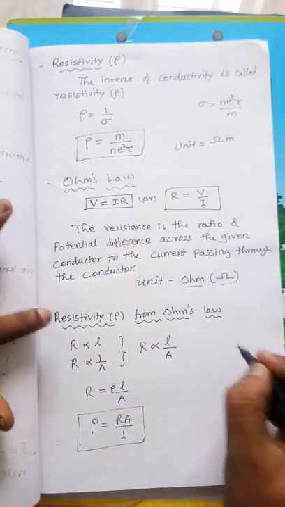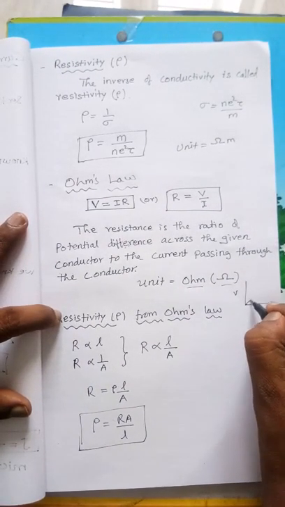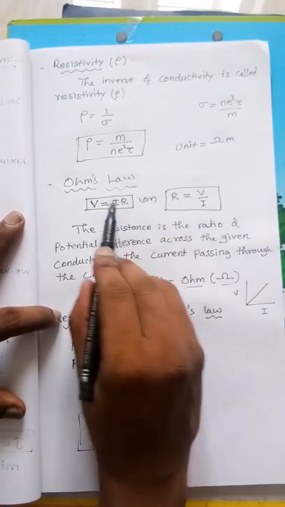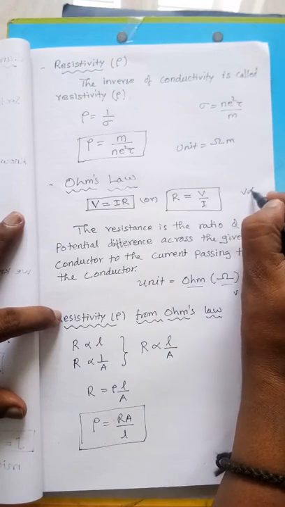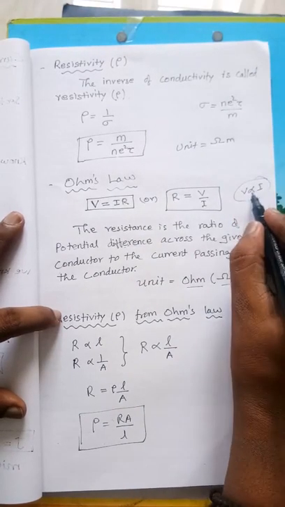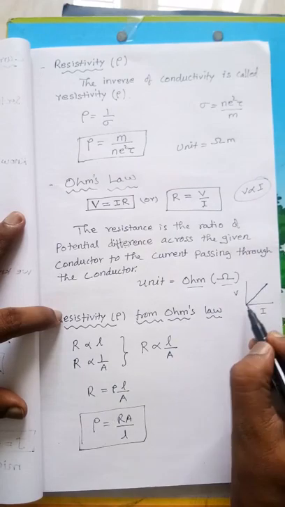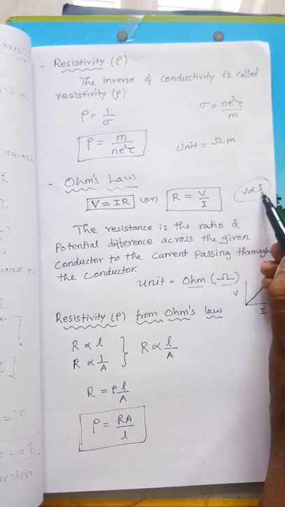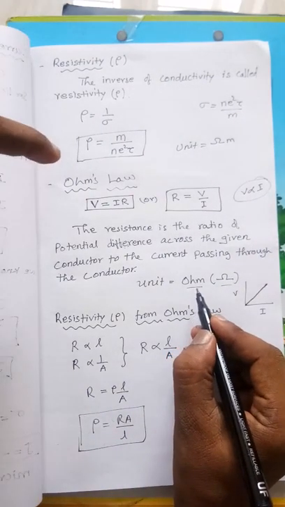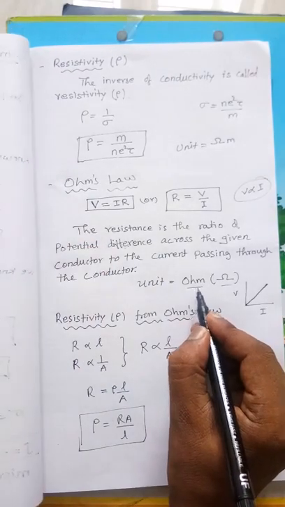You will get the graph of I versus V as a straight line because they are directly proportional. R is a constant, which means V is directly proportional to I, so the graph will be a 45 degree straight line. That means as the potential difference increases, the current also increases. The unit of resistance is called ohm or omega.